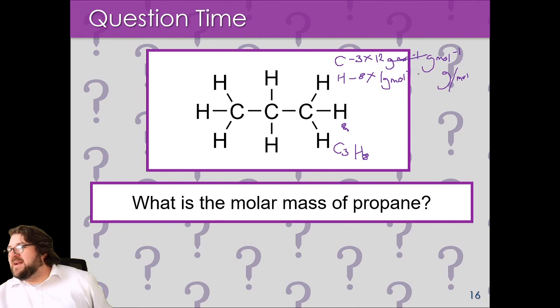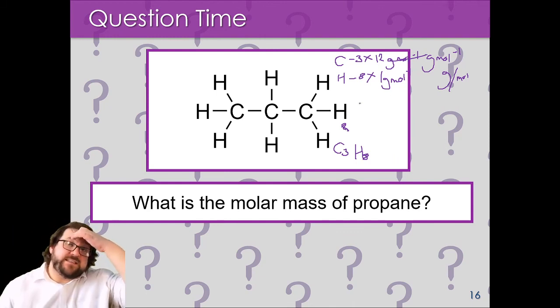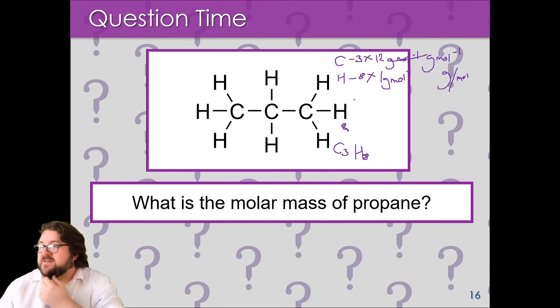Sorry, again, the minus 1 got hidden in the box there. So 3 12s are 36, plus 8. Let's make sure we're making that calculation clear. 36 plus 8 grams per mole is 44. 44 grams per mole.